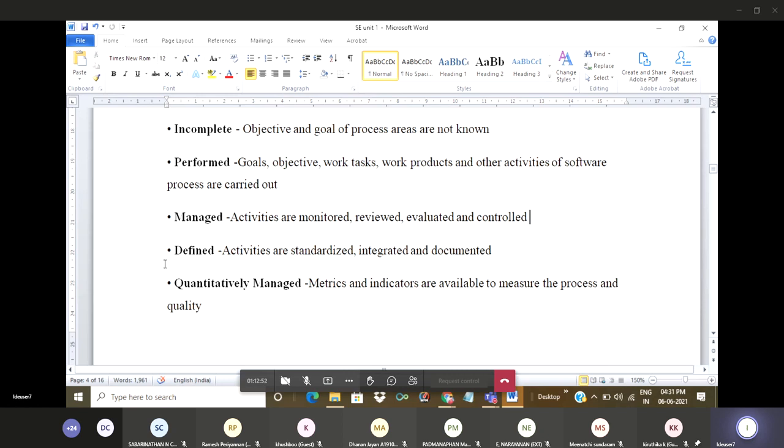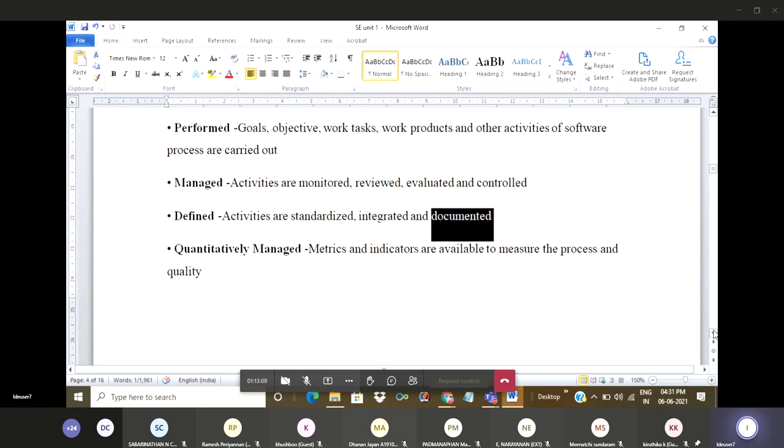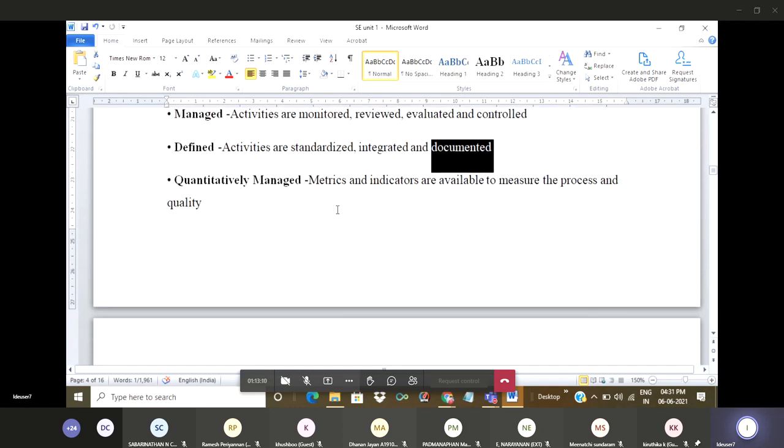The next level is defined. Level 4 is defined. Activities are standardized, interpreted, and documented. Once it is monitored, reviewed, and evaluated by the concerned department, we have to document them properly. Next is quantitatively managed. In this level, metrics and indicators are available to measure the process and quality.